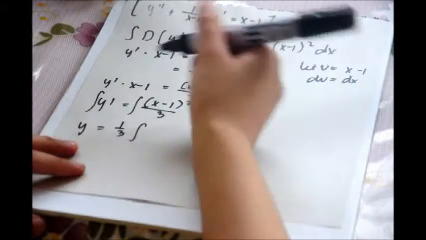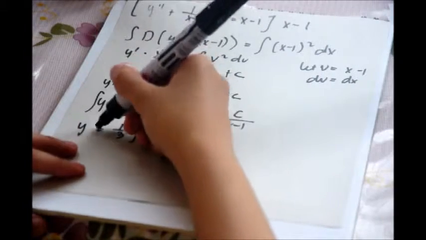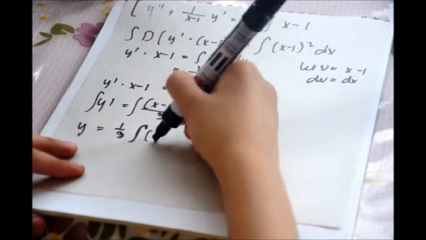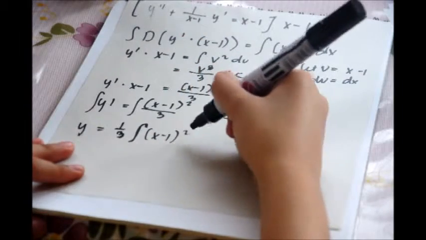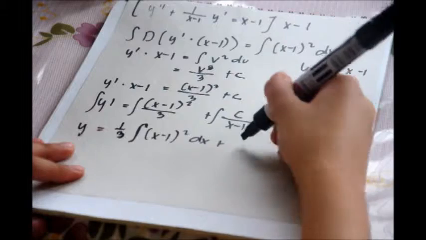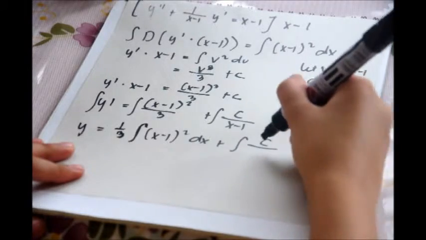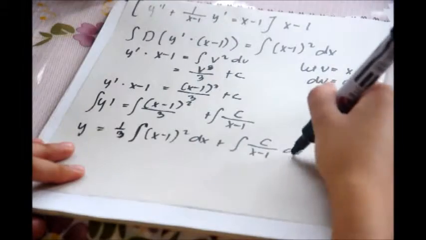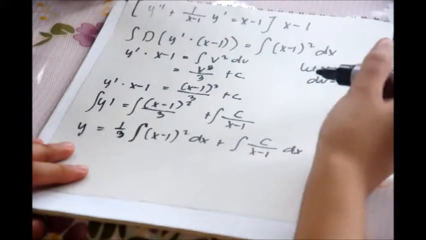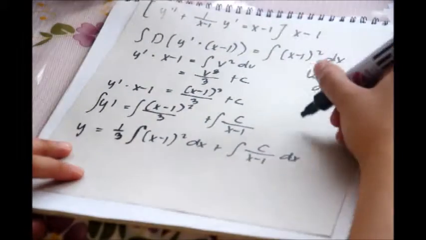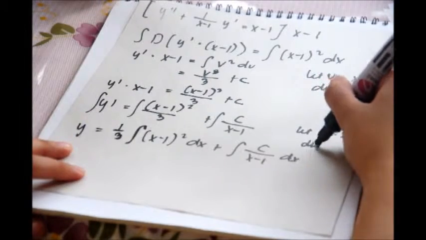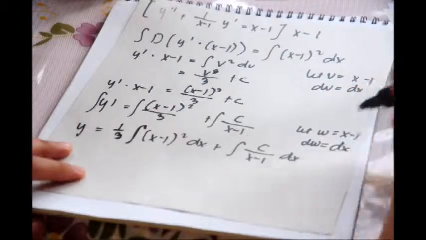So now it becomes y is equal to 1/3 times the integral of (x minus 1) squared dx plus the integral of c over x minus 1 dx. Well, you could take the c out of the integral. So let w be x minus 1, so dw is equal to dx.